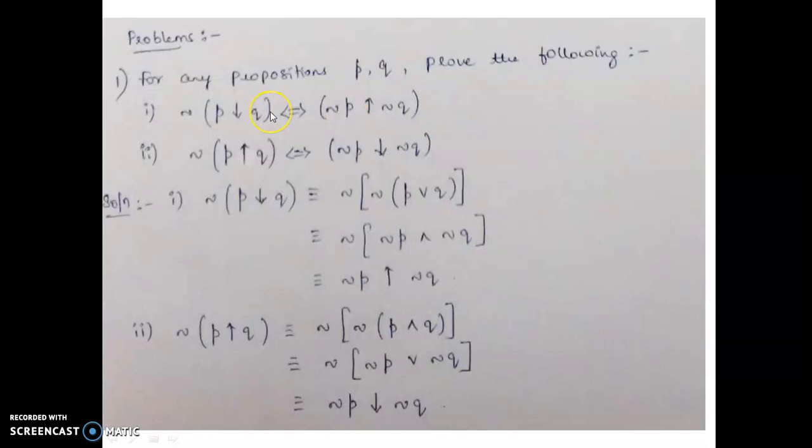Okay, and here is the first one: negation of P NOR Q is equivalent to something, which we have to prove.